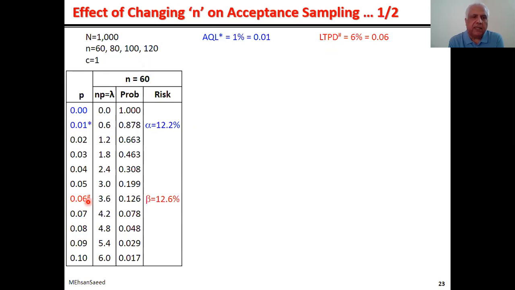So 6% LTPD, 1%. And then we multiply this with sample size, which is 60, because in the first case, we are keeping c is equal to 1 fixed and changing the sample size.